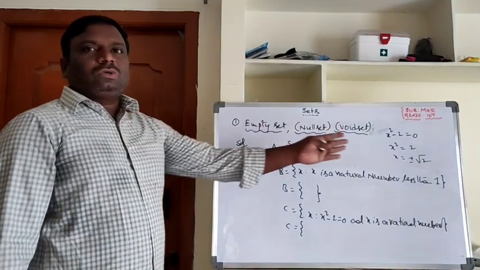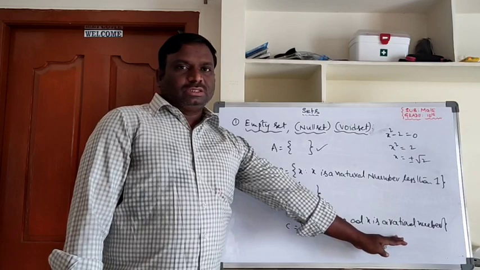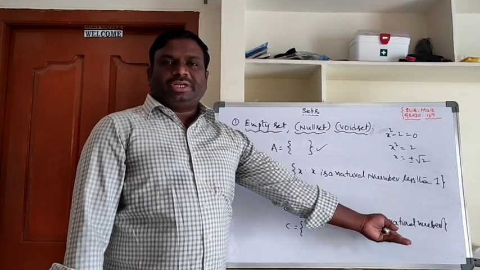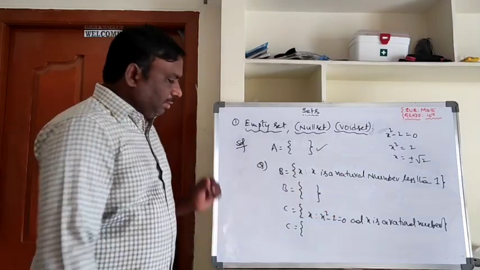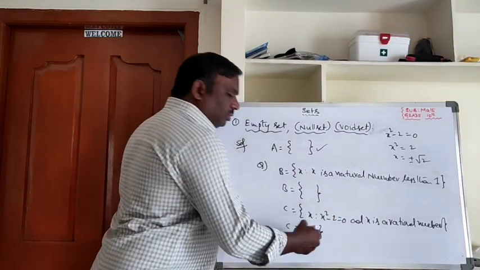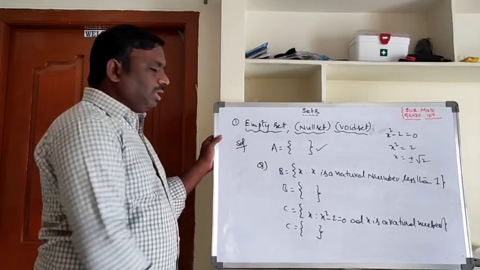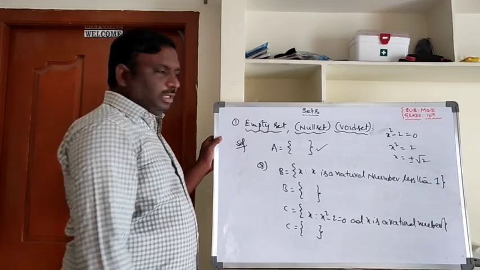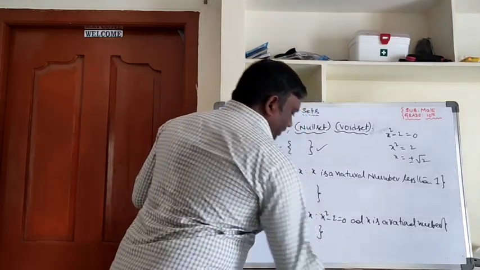Plus or minus root 2 are irrational numbers, but they are asking here for rational numbers. A rational number is not equal to an irrational number, as we already discussed in the last chapter on real numbers. So there is no element in the given set C. That's why these are called empty sets. What is another name for empty set? Null set or void set.